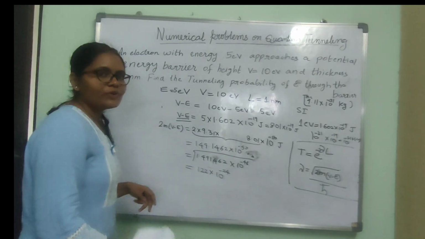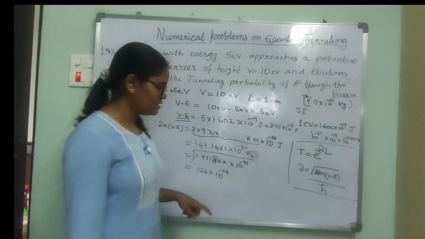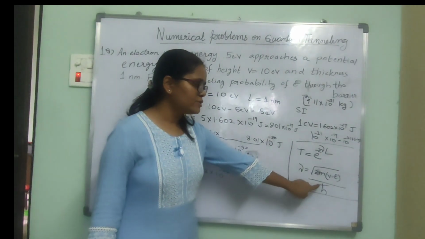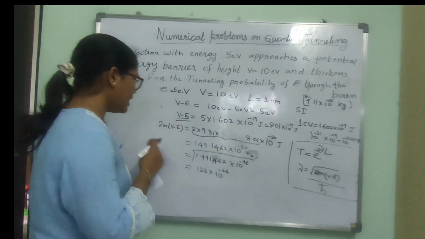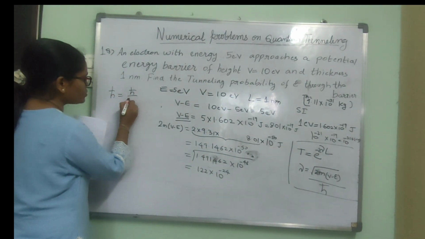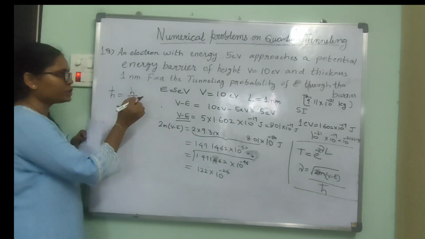Now you will understand why I converted minus 50 to minus 48. This is because in the denominator we have reduced Planck's constant, h cross, which is h over 2 pi.